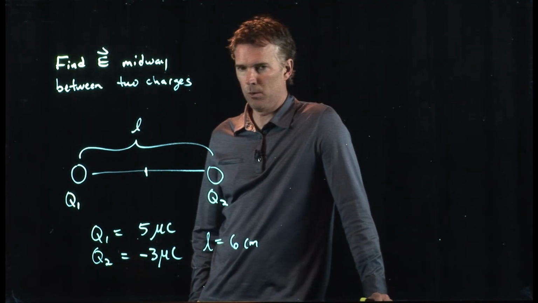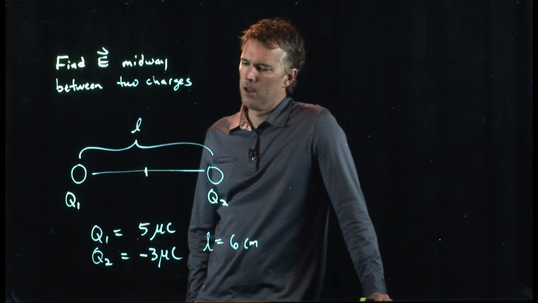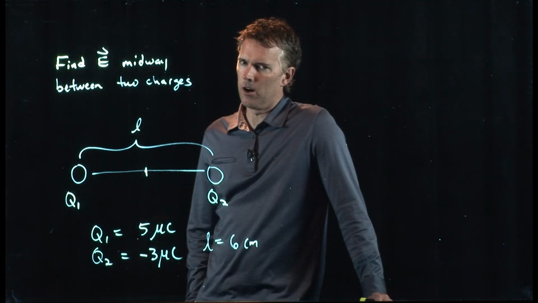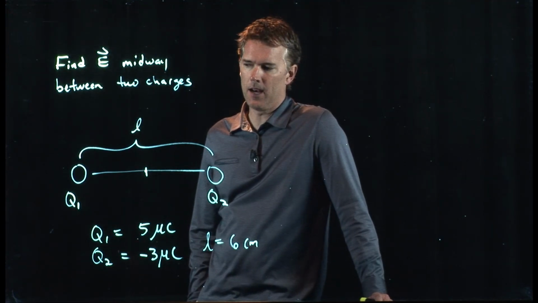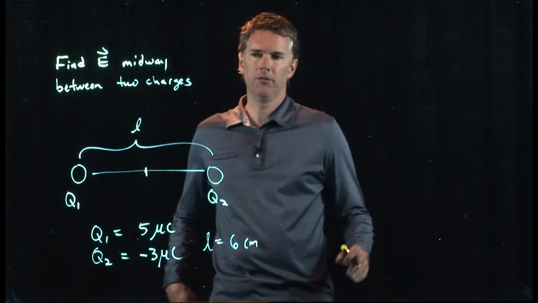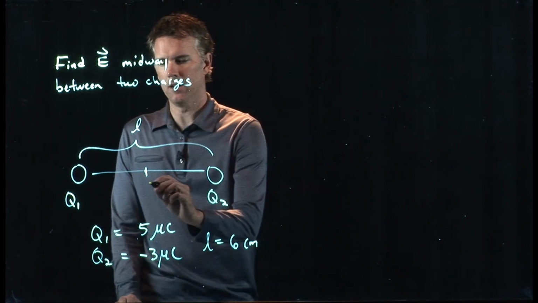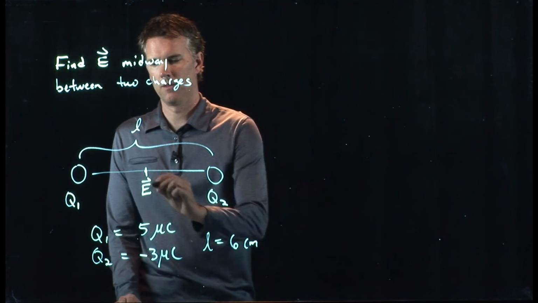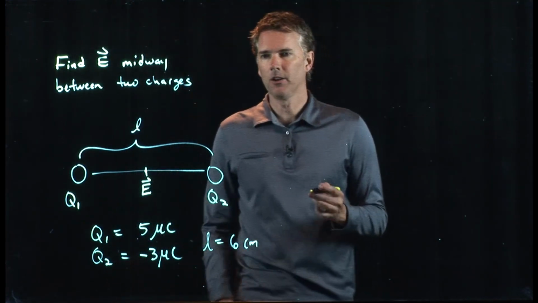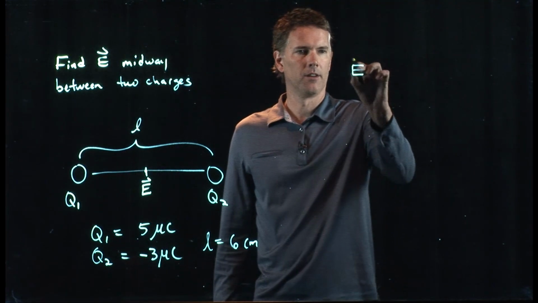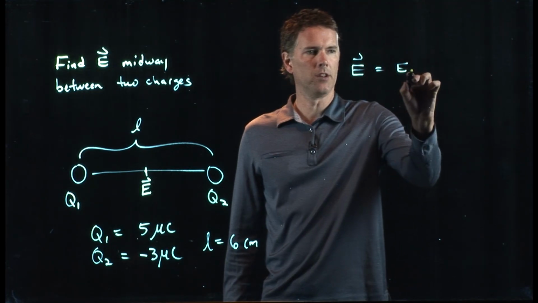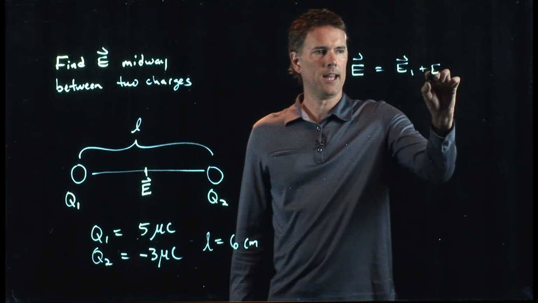Okay, how do we do this? Well, E fields are vectors, and we can use the principle of superposition to figure out what the E field is right here. And the E field is going to consist of 2 E fields, E1 and E2.